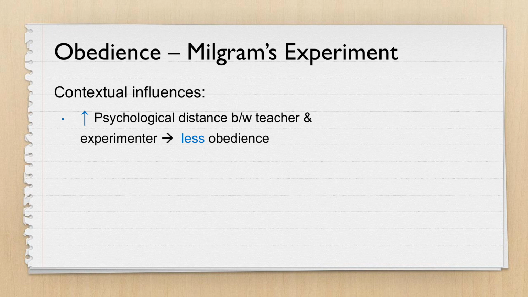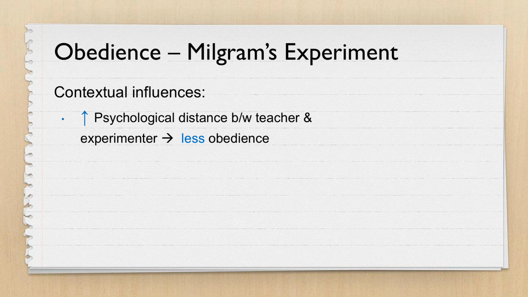First, let's talk about the psychological distance between the experimenter and the participant. As the psychological distance from the experimenter increases, obedience decreases.